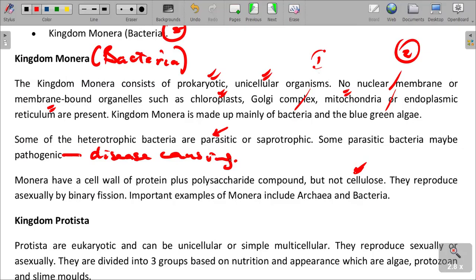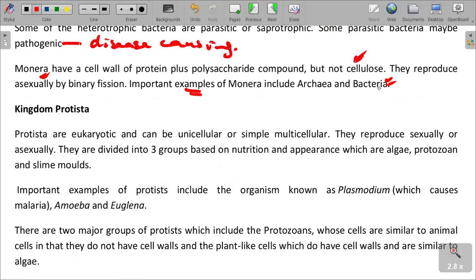They reproduce asexually by binary fission, meaning that there is no fertilization taking place through seeds. Important examples include the archaea and the bacteria, which are typical examples of asexual reproduction.